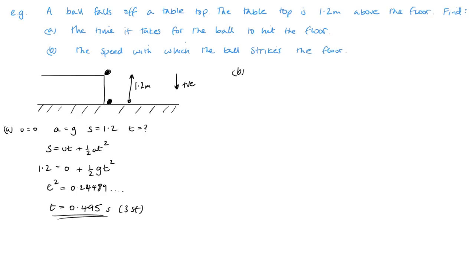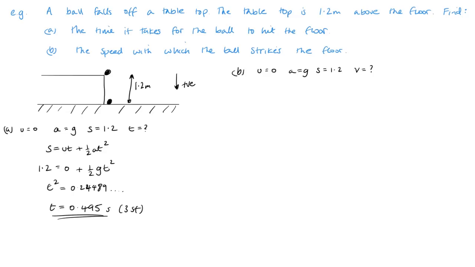Now part b, we want the speed with which it strikes the floor. So that is still u equals 0, a equals g, s equals 1.2, and this time we want to find v. Now, I know that we know what t is, but if I can help it, I don't want to use a value that I've previously calculated.